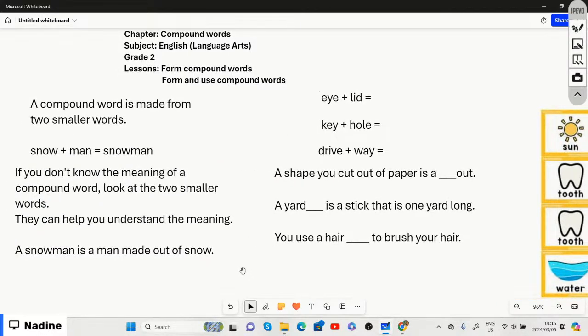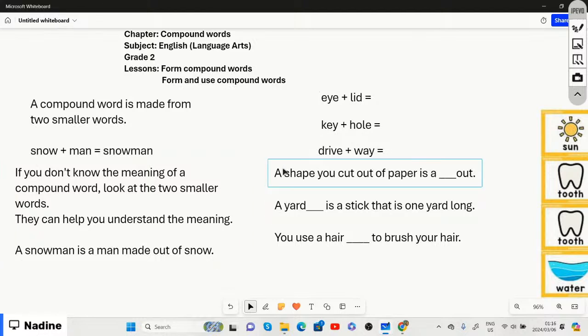All right, remember we said that a compound word is made up of two smaller words that we add together in order to get the bigger word. So we have eye, lid.